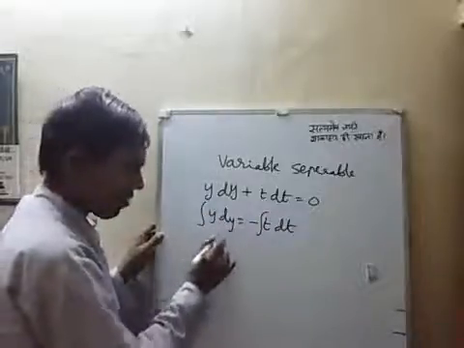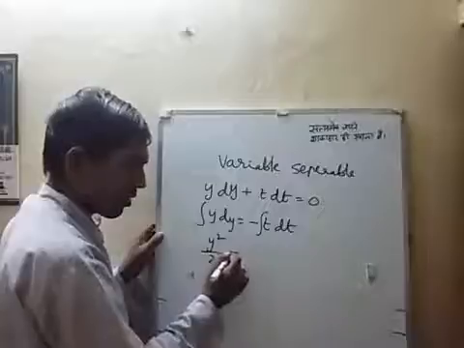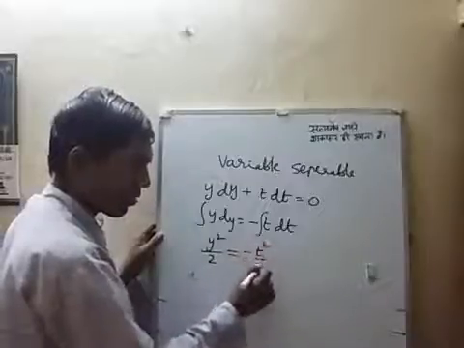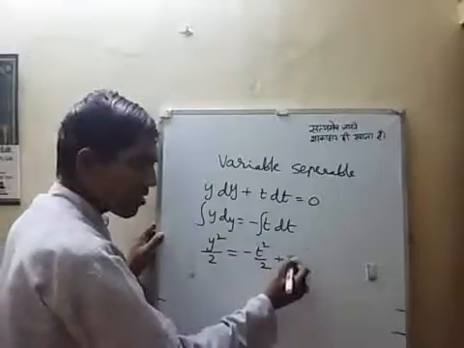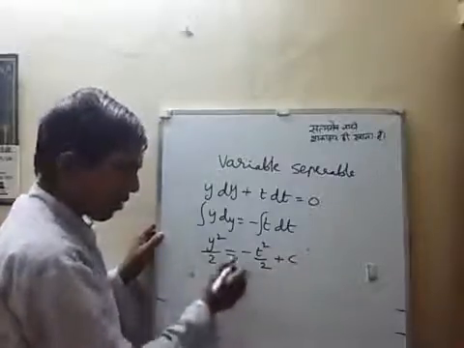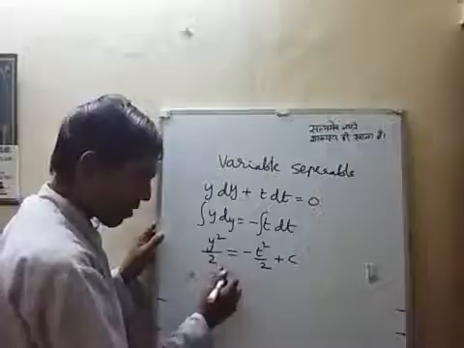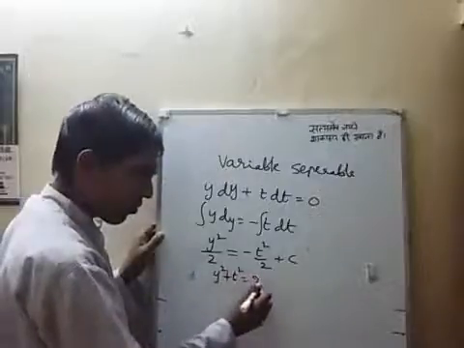Now this will become y square by 2 is equal to minus t square by 2, plus some constant, which I will write as c.